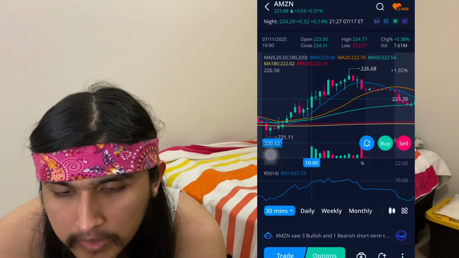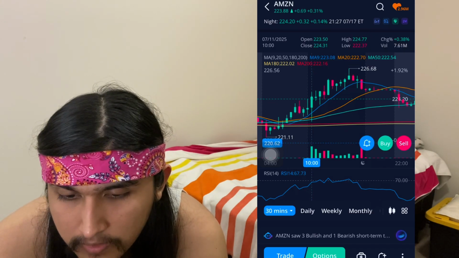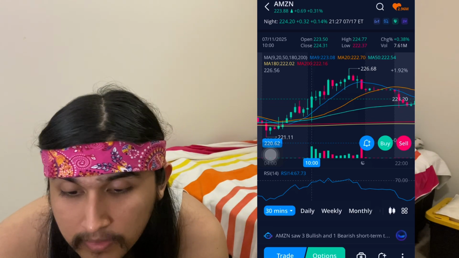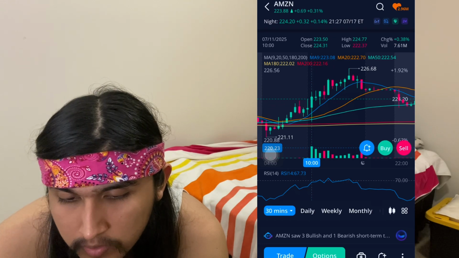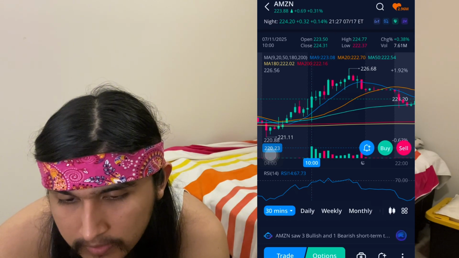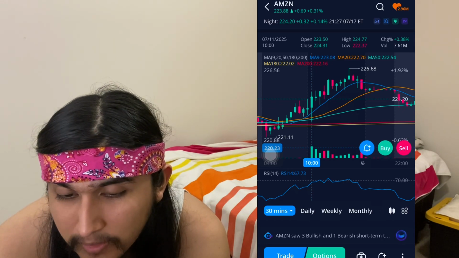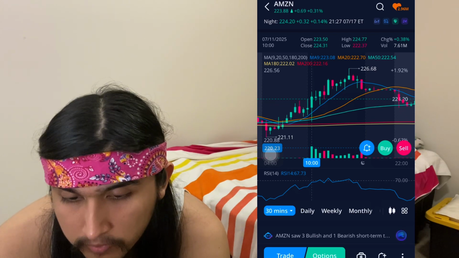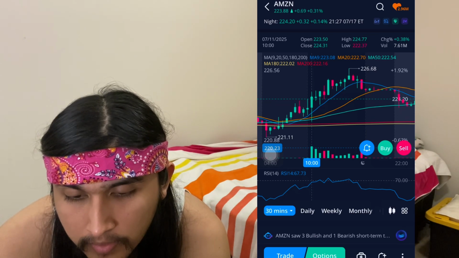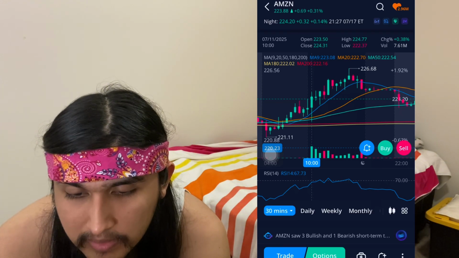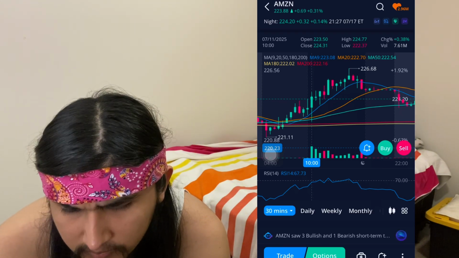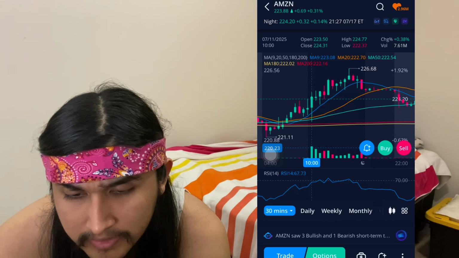So basically I waited for Amazon to bounce off that 9-day moving average, and once it approached the 9-day moving average and bounced off of it, it didn't go through yet. It actually broke through the 9-day moving average at one point and managed to reach all the way to the 20 and 50-day moving average, but it used both of those moving averages as support.